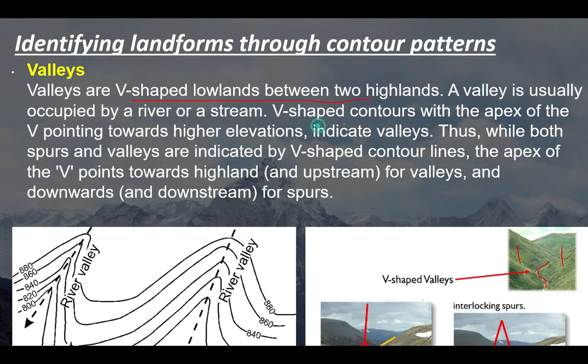A V-shaped contour with the apex of the V pointing towards higher elevation indicates a valley. Thus, while both spurs and valleys are indicated by V-shaped contour lines, the apex of the V points towards the highland for valleys and downwards for spurs.